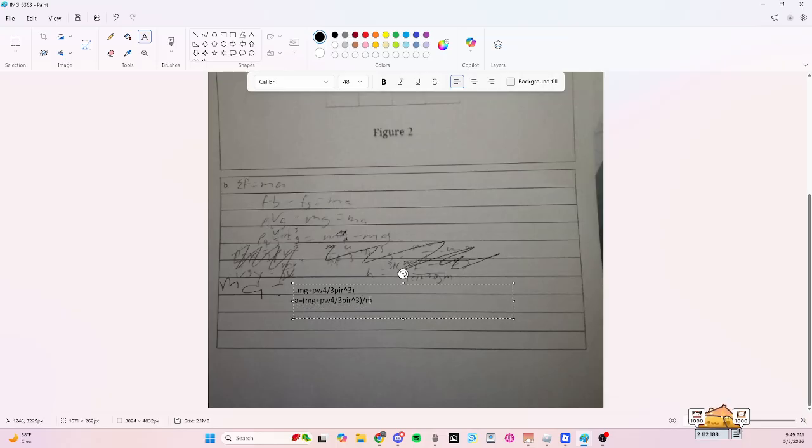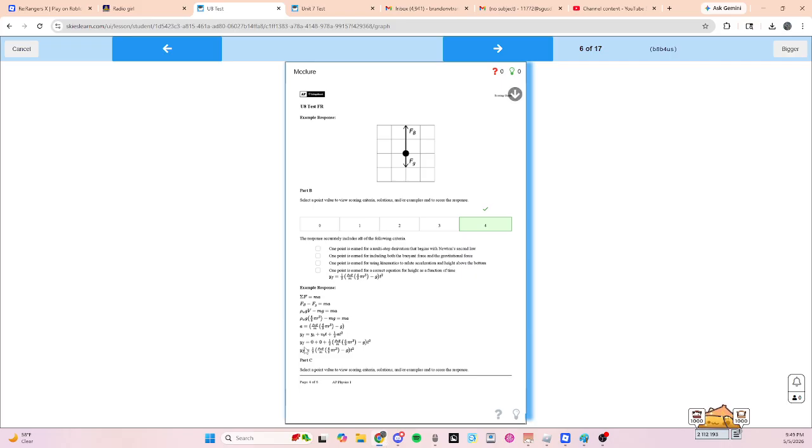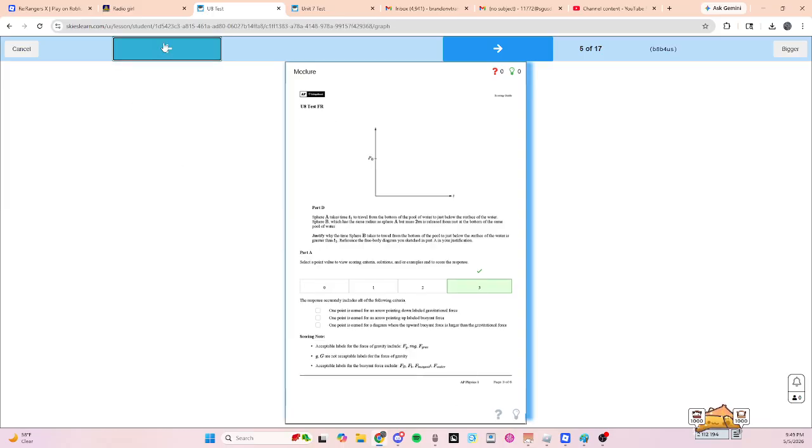And then you get the position equation, which is the final. I guess you go y because it's vertical. So y final is equal to the initial, which is 0. What's the question?